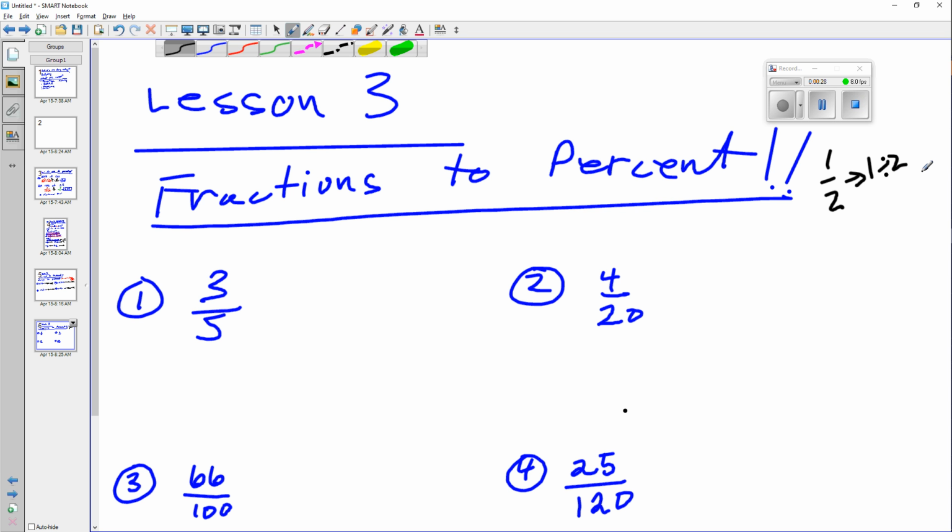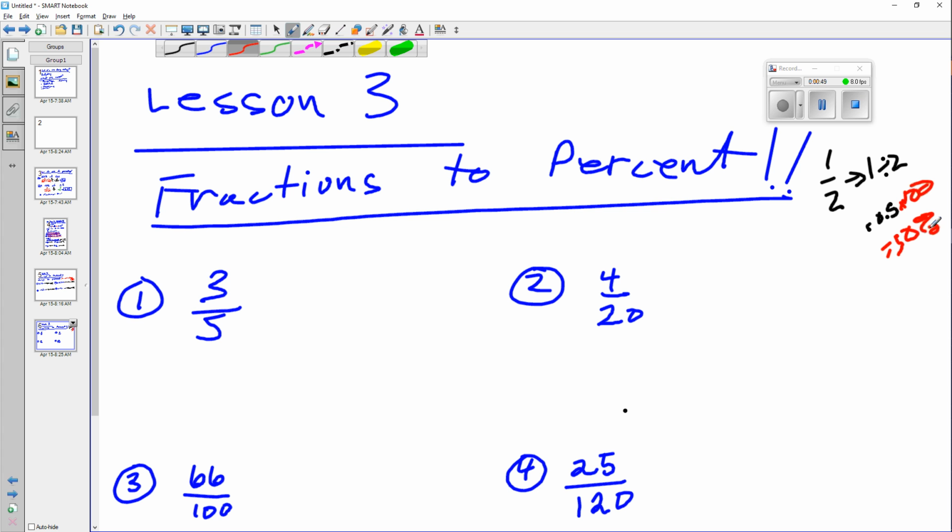When we change that, you get 0.5. And then in order to change a decimal into a percent, what do you have to do? We did this before. We multiply everything by 100 to get 50%.